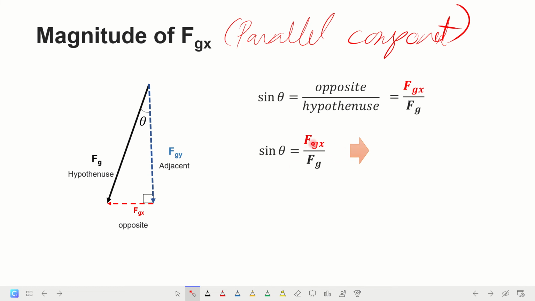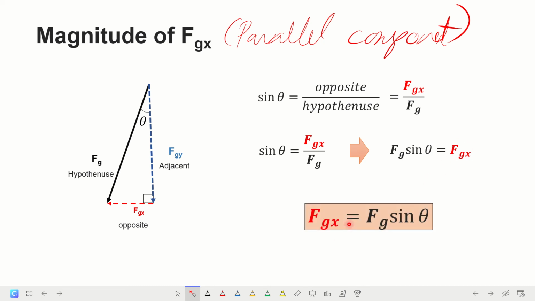If we rearrange this, because what we want to look for is the value for the parallel component, we cross multiply. So we get F_g sine theta is equal to F_g,x. And rearranging this, we'll have the solution for our parallel component.